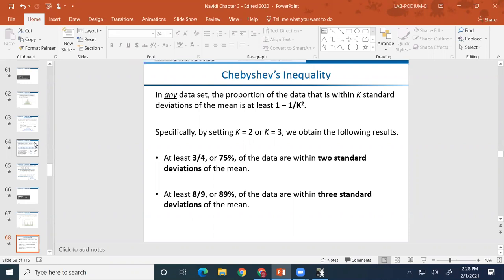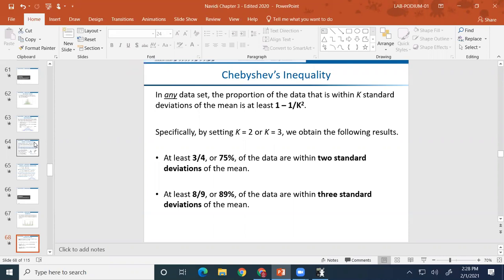If you put 3 in there, this is 2 standard deviations and 3 standard deviations. There's not 1 for 1 here. It's only for 2 and 3 standard deviations. So with 3 standard deviations, 1 over 3 squared is 1/9. 1 minus 1/9 is 8/9.